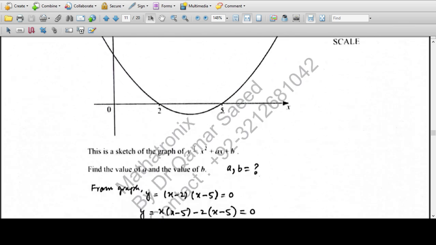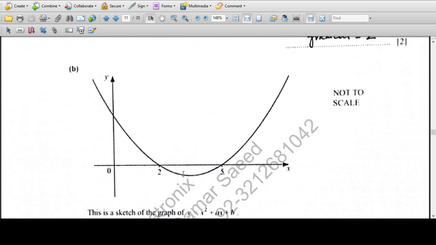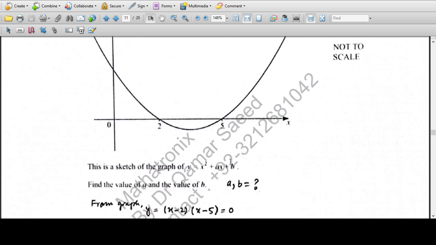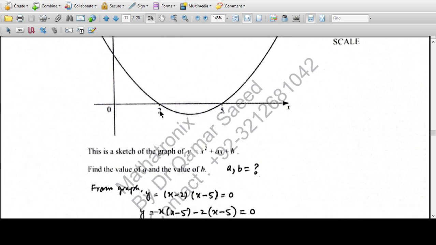Since the minimum is here and it opens upward, the coefficient of x square is positive. So we take x minus 2 and x minus 5, where the value of y is 0.